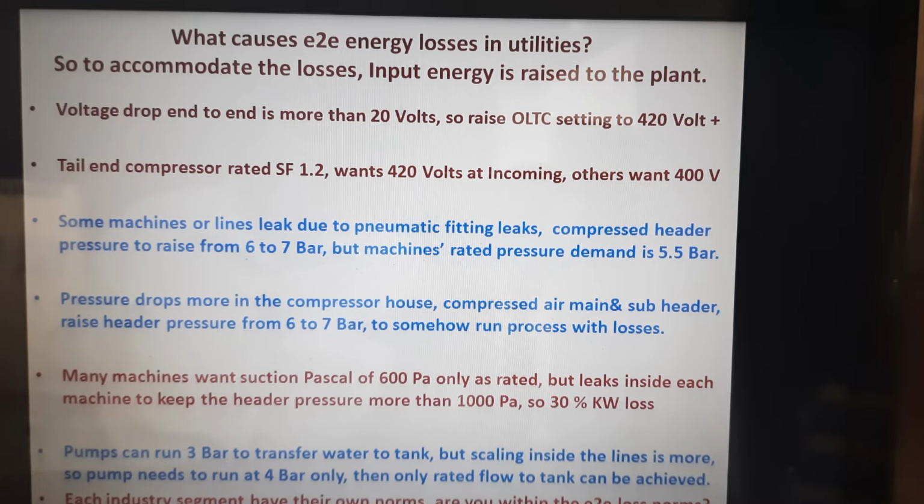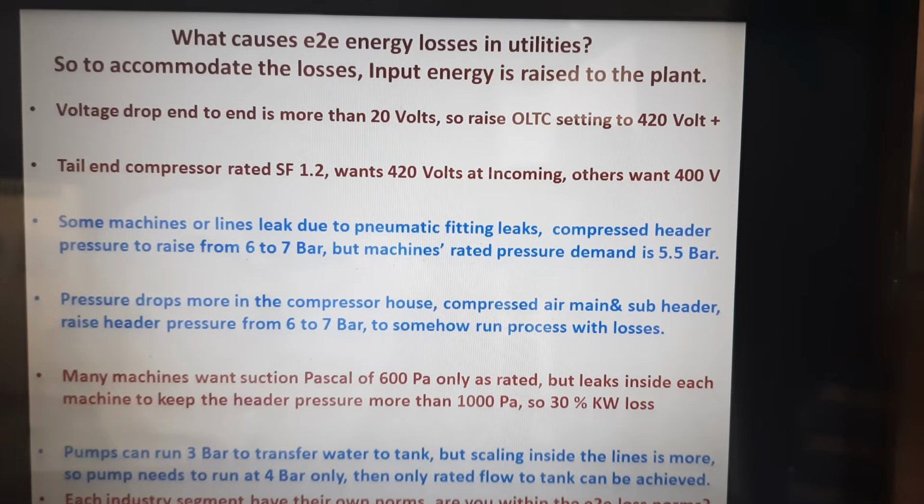So the industry, what they conveniently do is they raise the temperature of the OLTC to 420 plus, so that almost around 390 to 400 volts reach the tail end of all the motor ends. Coming to the compressor usage, the compressor is always at the tail end of the electrical distribution network, and since the compressors, especially the screw compressors, are running at a service factor of 1.2, it always needs 420 volts at its incoming.